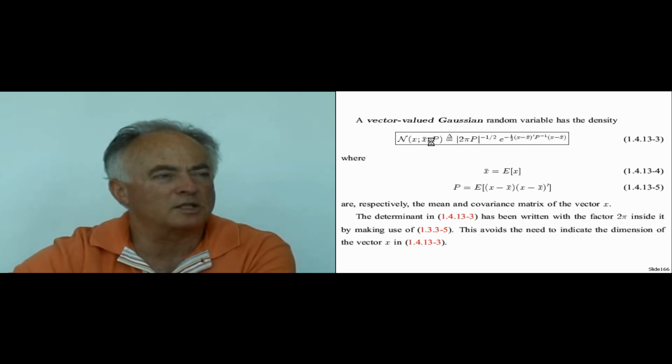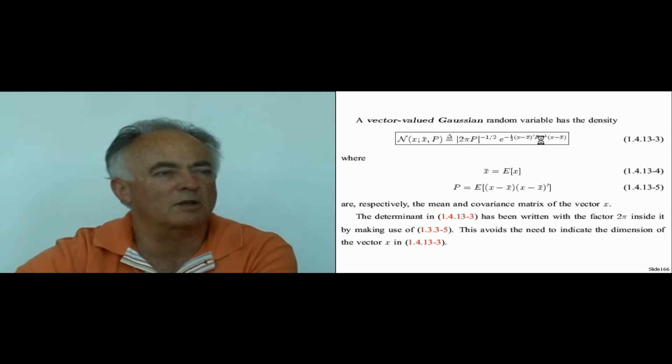So x bar is the expected value of x, P is the expected value of this column vector times this row vector. It's an n by n matrix, and without proof we give the result that this is a normalization constant, e to the minus half, a quadratic form (x minus x bar) transpose P inverse times (x minus x bar).